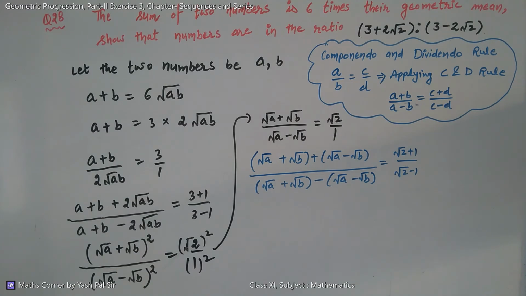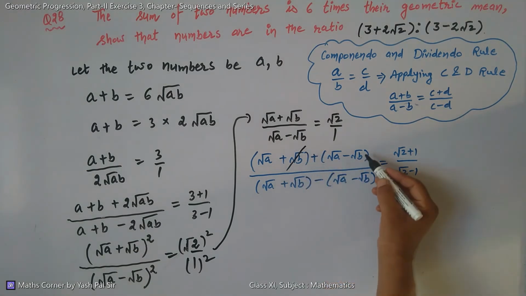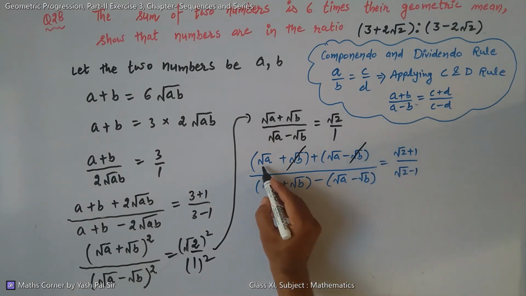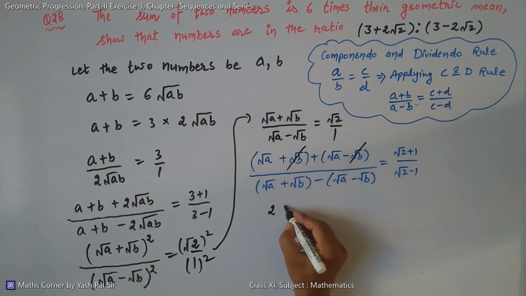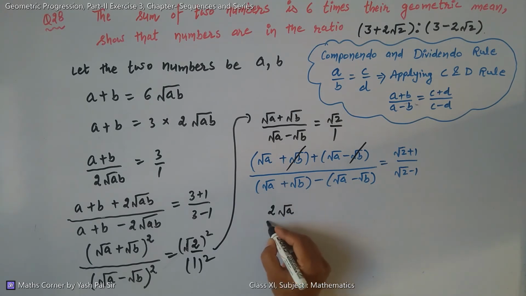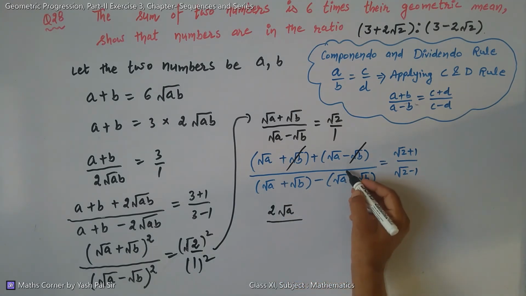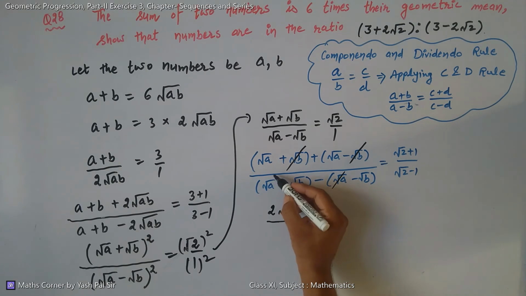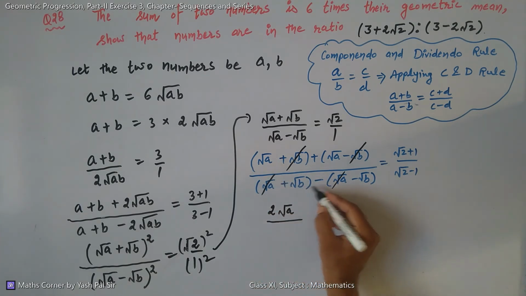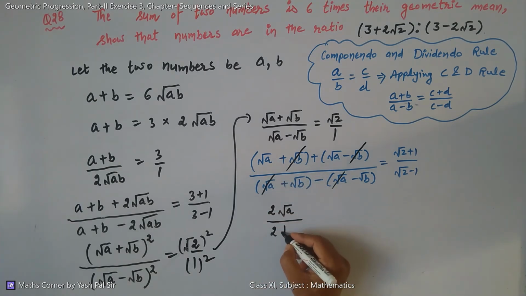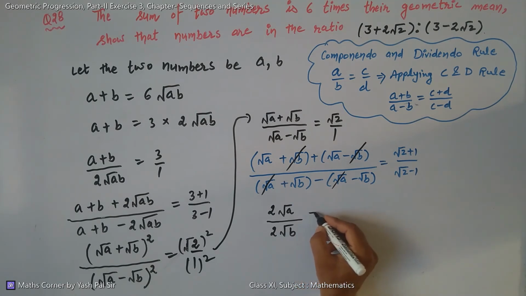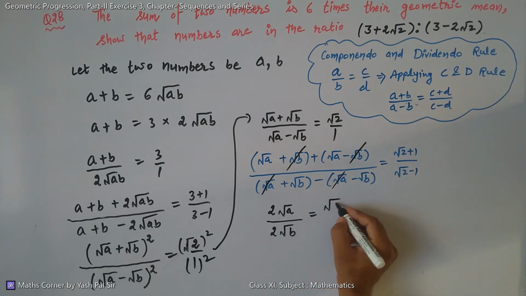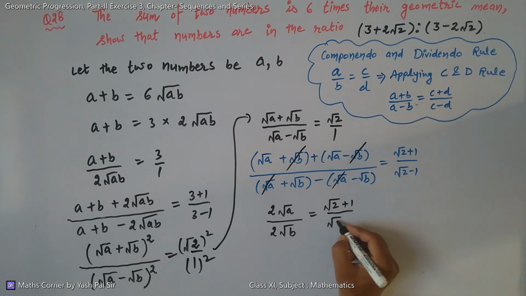Right? Doing this, we have square root of b, plus and minus cancelled. So 2 times square root of a. In the denominator also, minus square root a plus square root a cancelled. 2 times square root of b equal to square root of 2 plus 1 divided by square root of 2 minus 1.